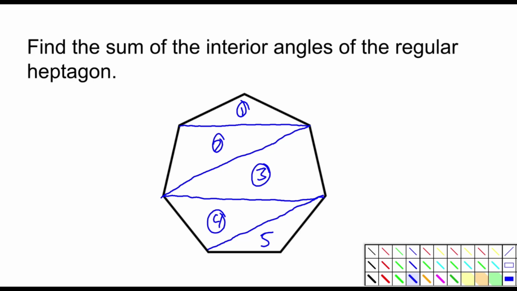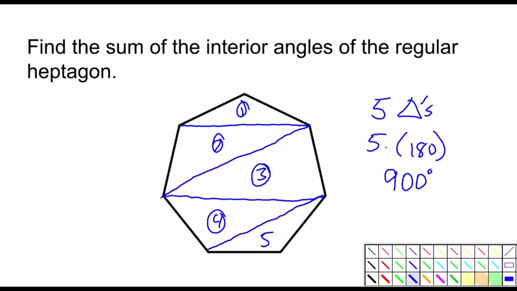All right, so I've taken this heptagon and I've made it into 5 different triangles. And now each time, that's just going to be 5 times 180, which is 900. So not too bad, you see? It's not too bad to do these problems.